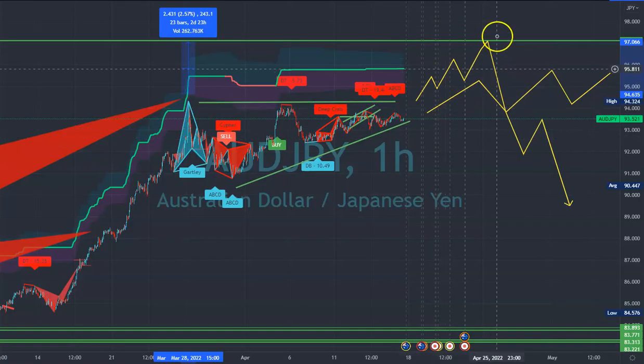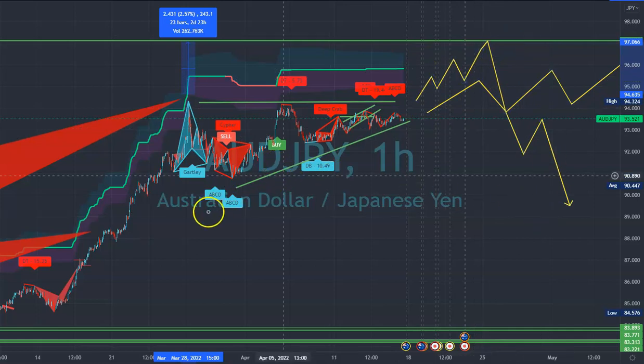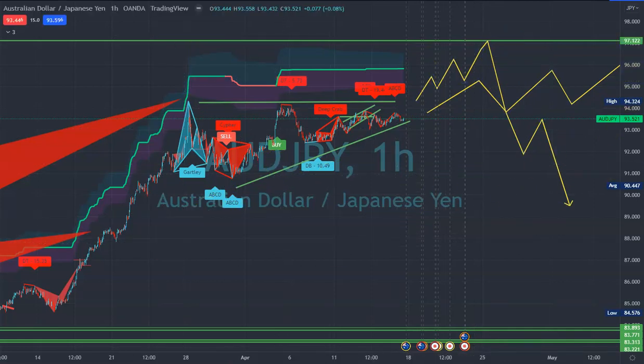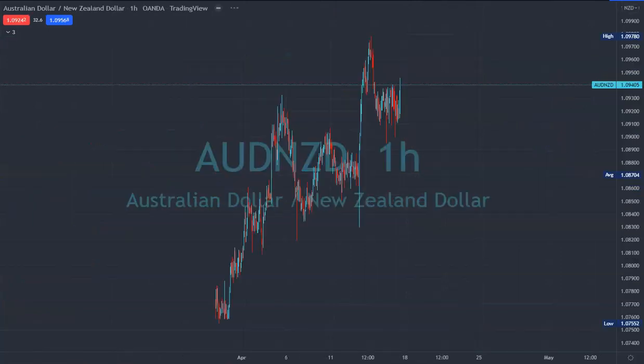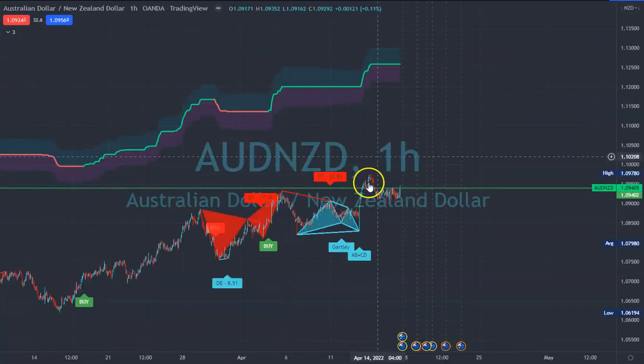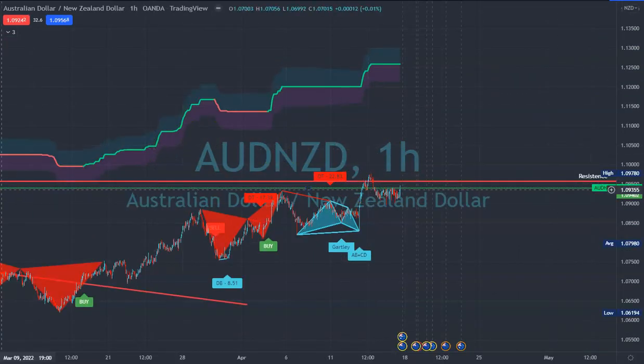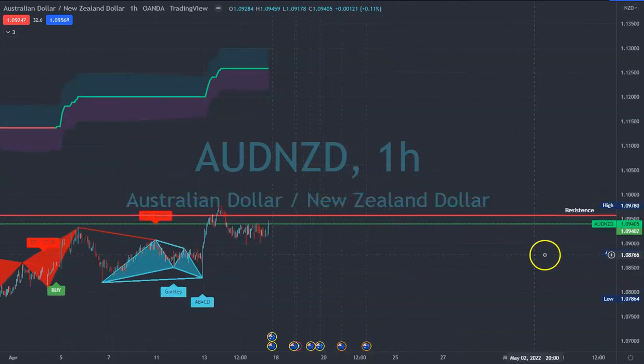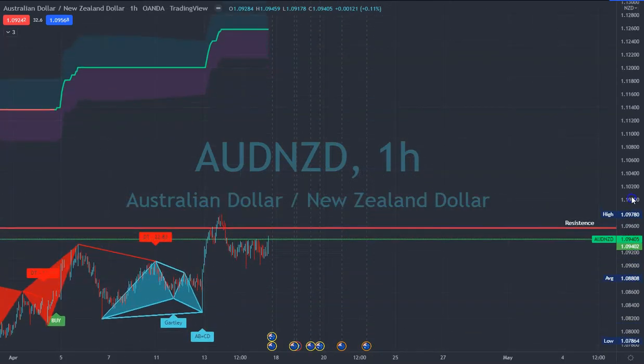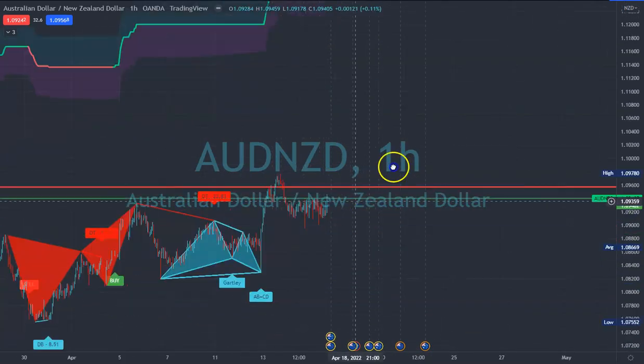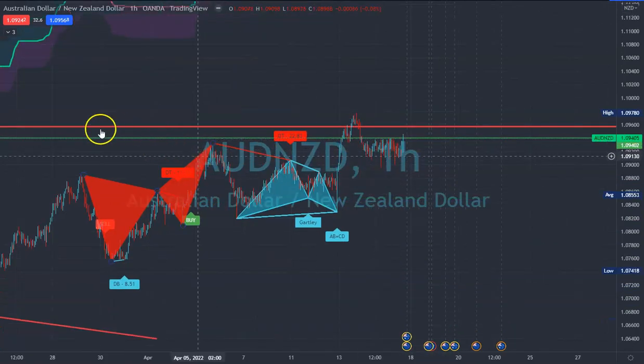Possible pop up, then drop. And this one, what is this? Is this the correlation difference, or is it not even relatable? Not even the same thing.